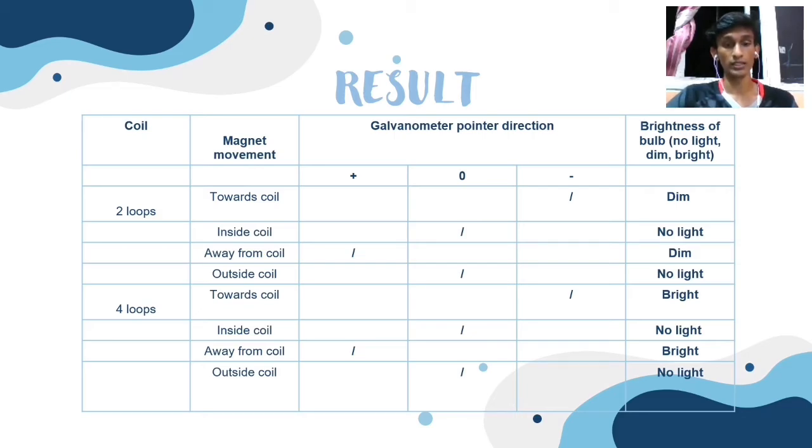When the magnet is moved away from the coil, the galvanometer pointer is deflected to the positive pole, and again the brightness of the bulb increases. However, when the magnet is inside the coil and outside the coil, the galvanometer pointer is again not deflected, hence the brightness of the bulb is 0, which means no light.